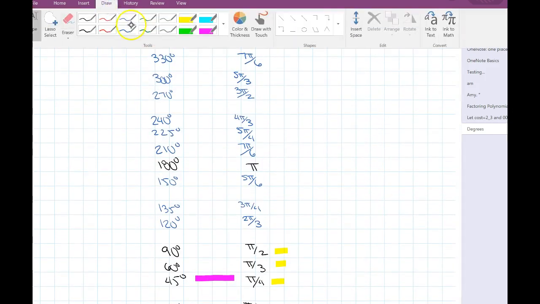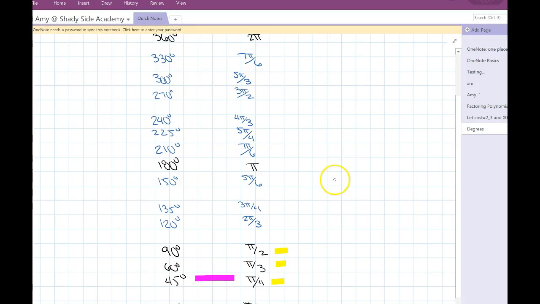So for example, when you've got something like 210 degrees, you know that 210 degrees is just 7 times 30 degrees. So 7 times 30 degrees is 7 pi over 6, because pi over 6 is 30 degrees, right? Okay, so 7 pi over 6 radians is equal to 210 degrees.